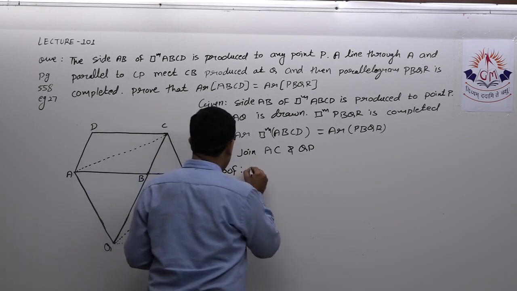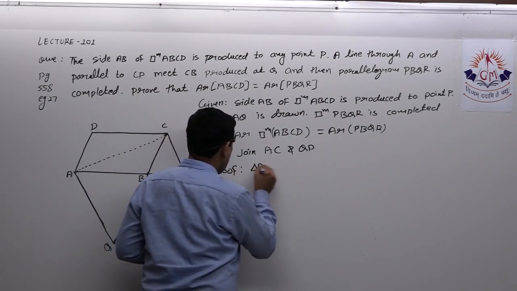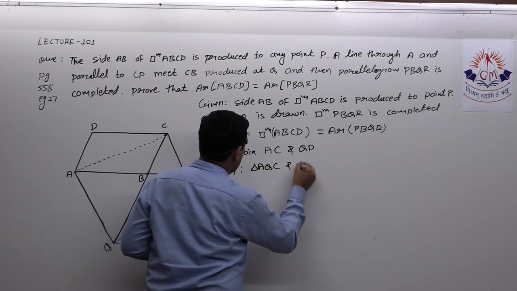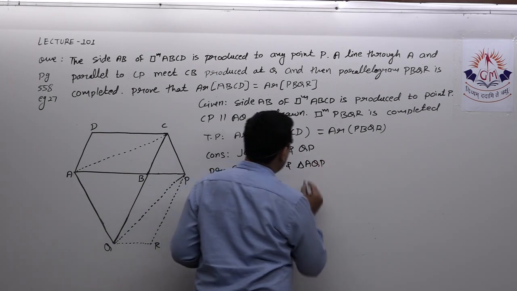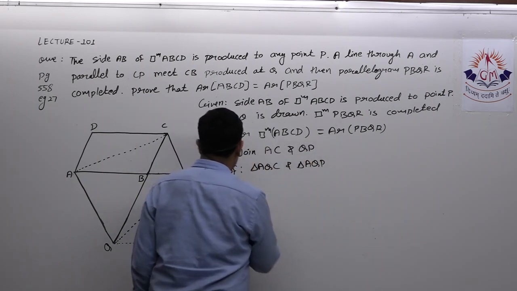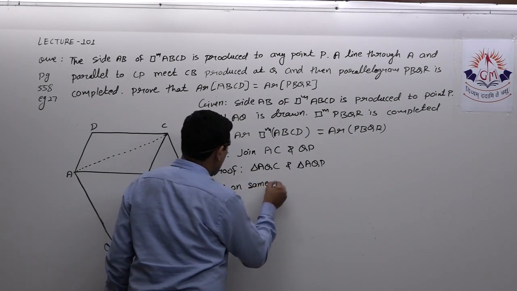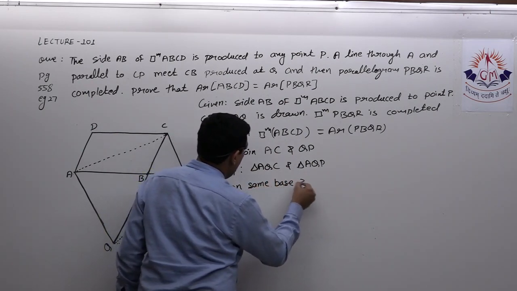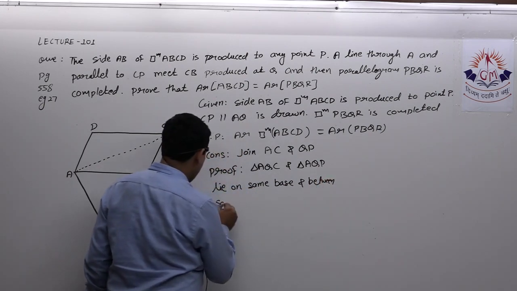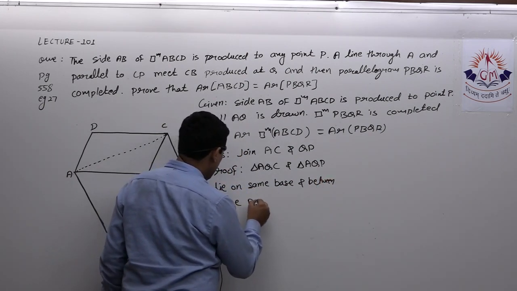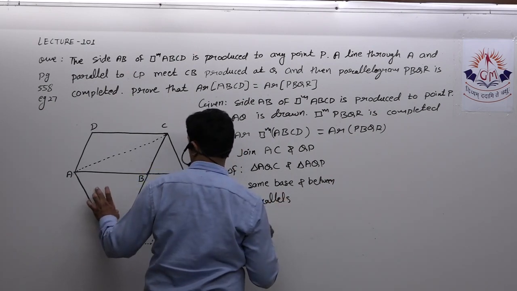Triangle AQC and triangle AQP lie on same base and between same parallels, that is AQ parallel CP.